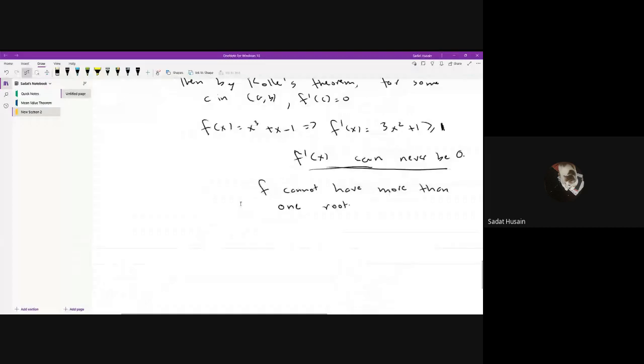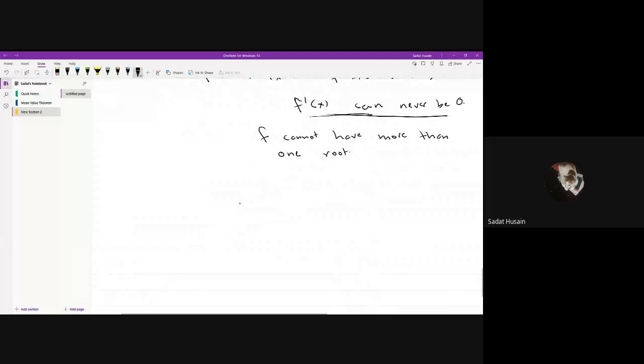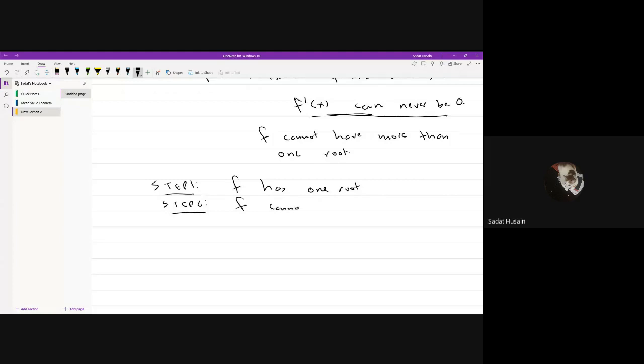So আমরা বের করেছি step 1, we found out that f has one root. Step 2, we found out that f cannot have more than one root.